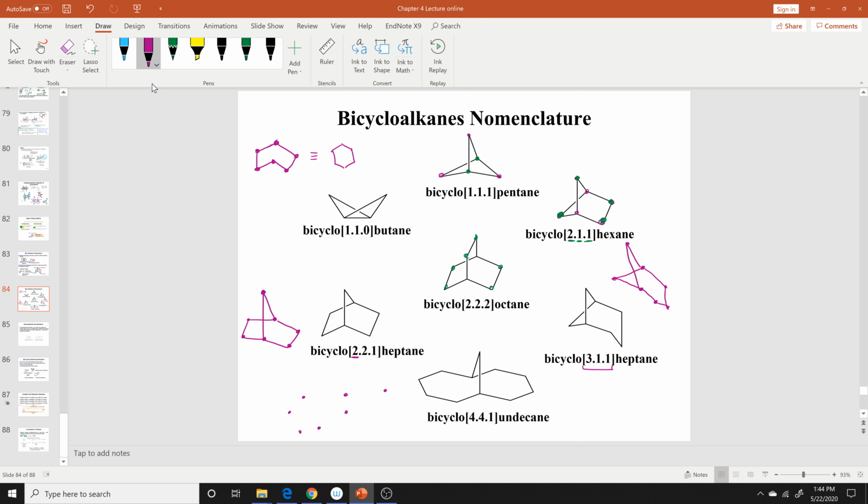And 4 carbons on the other side, 1, 2, 3, and 4. And then go ahead and connect them. And of course I have a bridge all the way to the top. So this is going to be it over here. And then I have a bridge of carbons on the top. So this is going to be my bridge over there of 1 carbon.